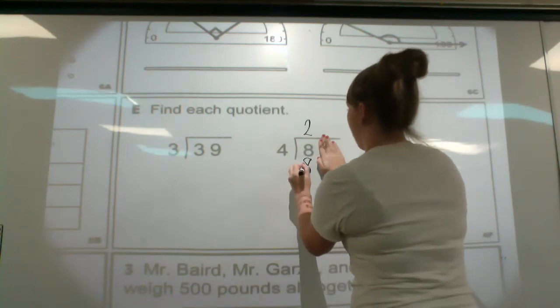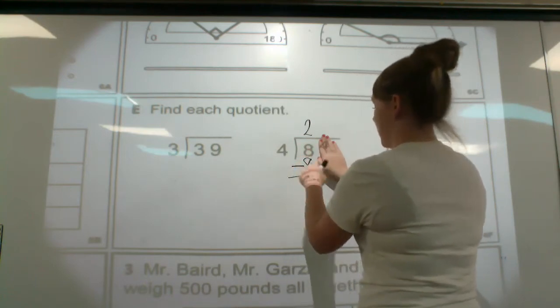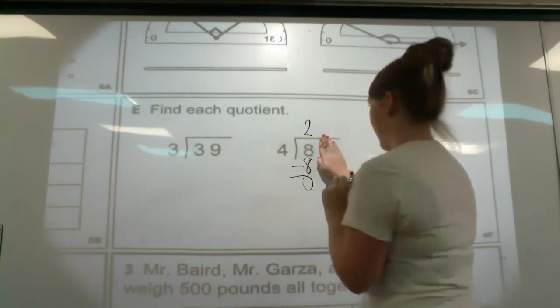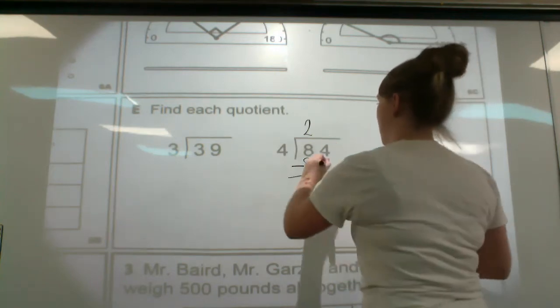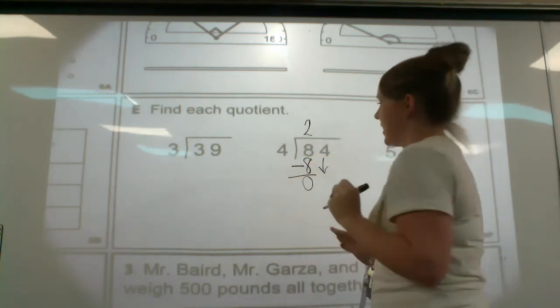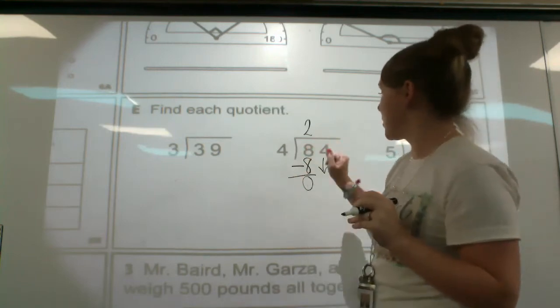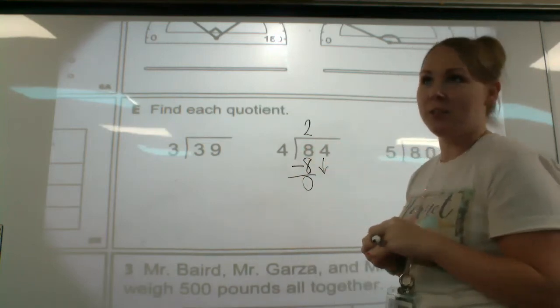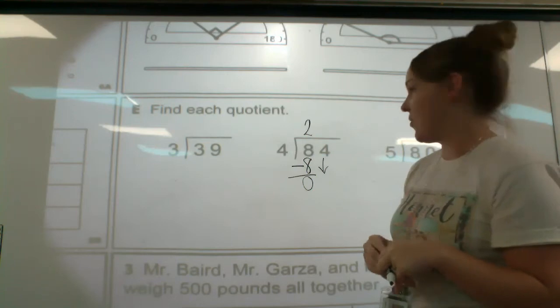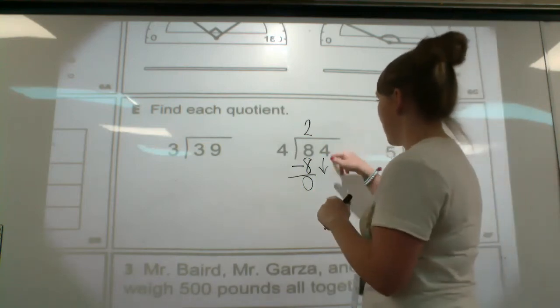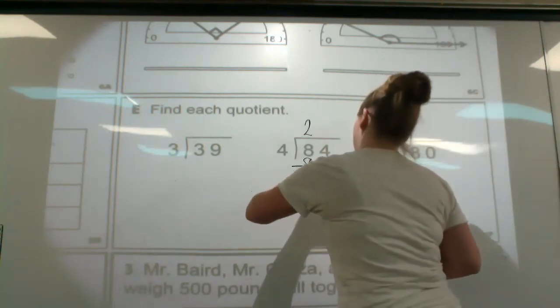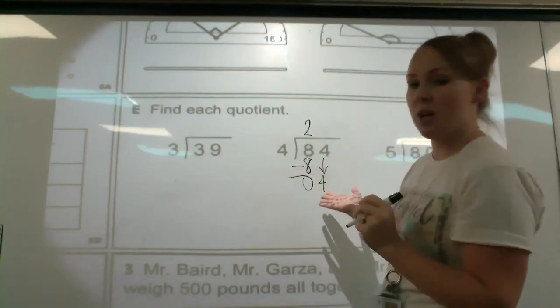And then you're going to subtract. 8 minus 8 is 0. And then the last step is to bring down the next number. So we say divide, multiply, subtract, and bring it down. And you'll learn that later on. We'll get way more into it. So I bring down this 4. Now I just start over with the steps.